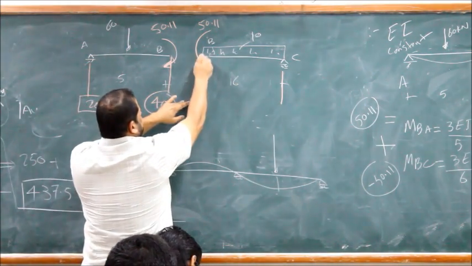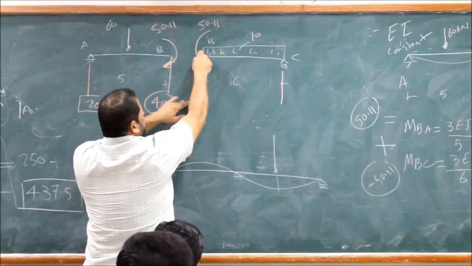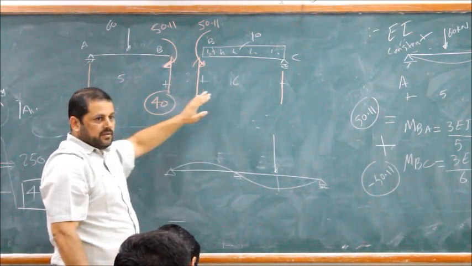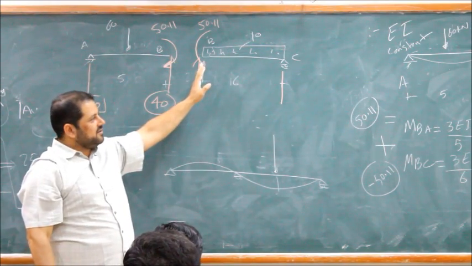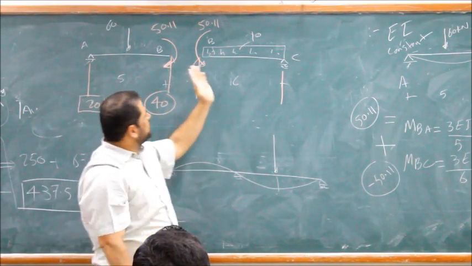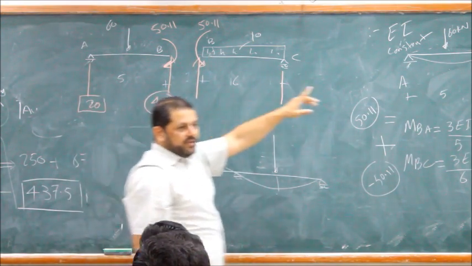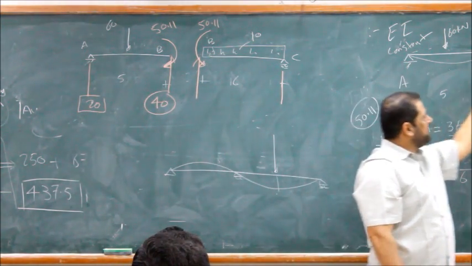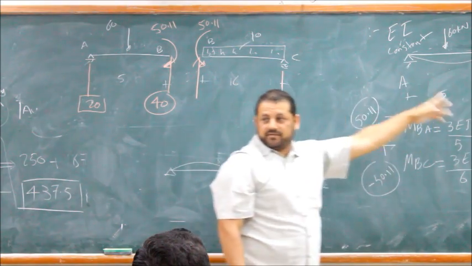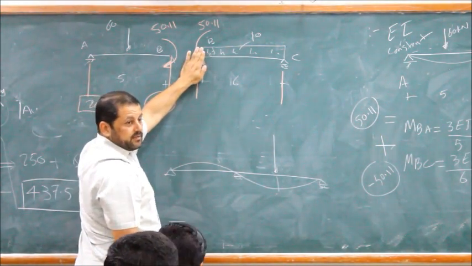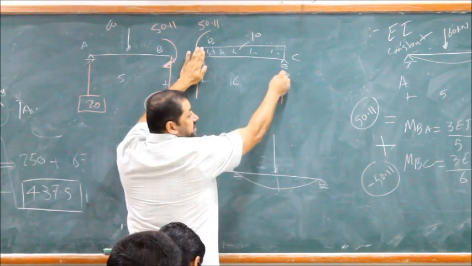Likewise. By the way, you don't need to do this. Let's do it. Once you know this, you can come find this and that. Sum of the moment here equal to 0. I want to see what's this reaction here.